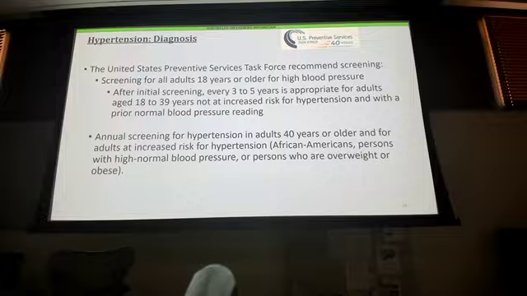So this is not what we do in the military, where you have to get your blood pressure checked every time you get your periodic health assessment done, right? The USPSTF in a low-risk individual from 18 to 39, every 3 to 5 years is the recommended screening.